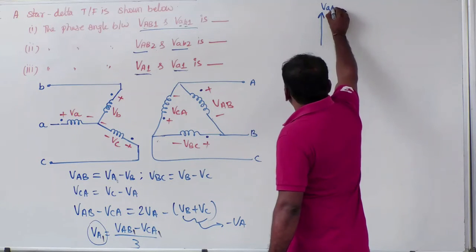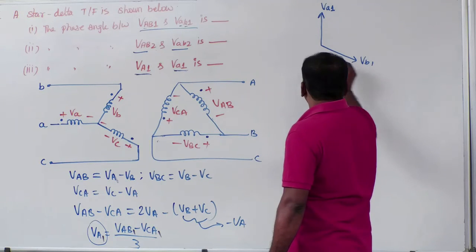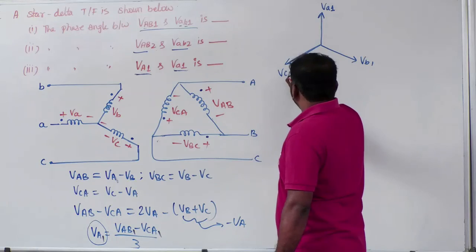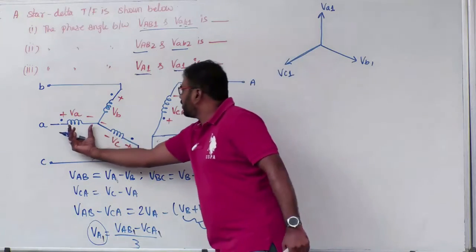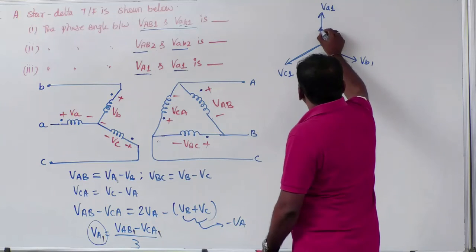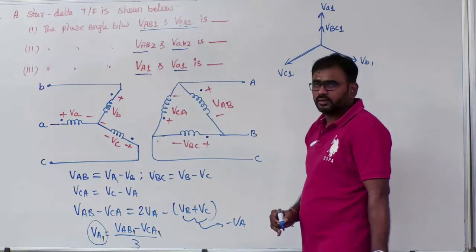This is what our VA1, which is reference. Then after that VB1, then VC1. Okay. VA1 and VBC1 are in phase. So this is VBC1. Clear?